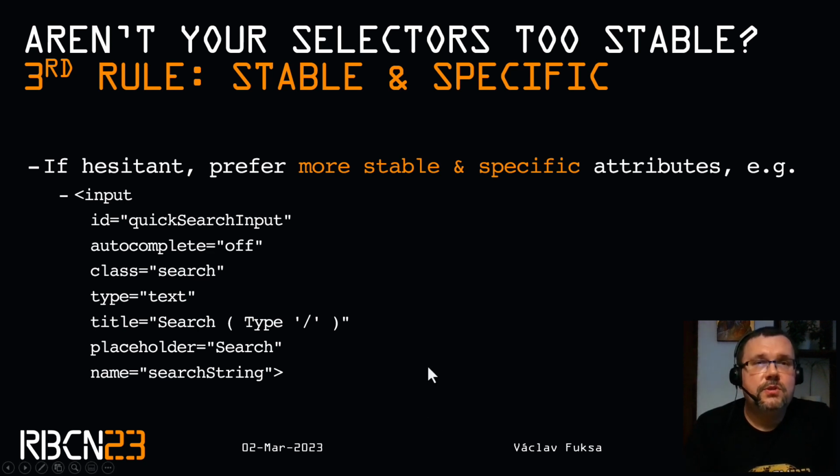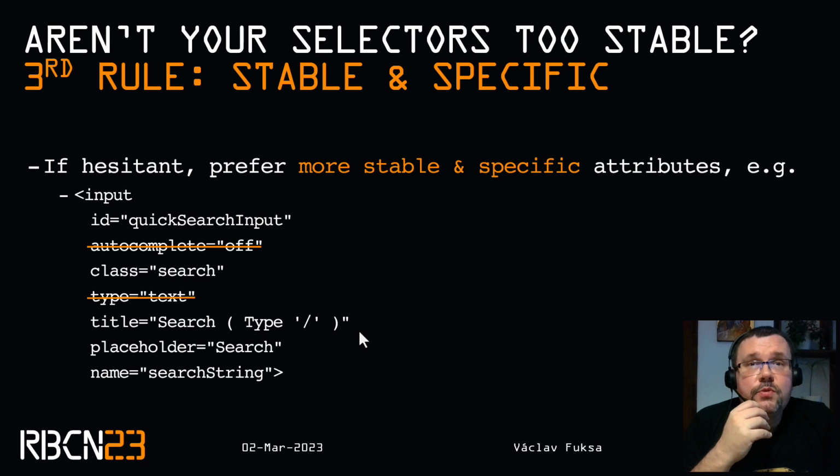There are a few attributes of the field that, in our case, are not very useful. For instance, autocomplete off is not very specific. The same goes for type equals text. The title equals Search and type something looks better, but it is too fragile because someone can change the text easily.